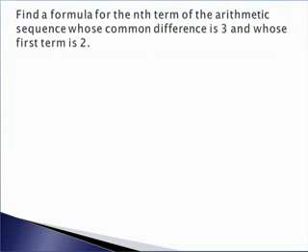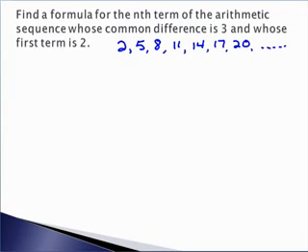Okay, so the first term is 2. Our difference is 3. So if we add 3 to that, we'd get 5. Add 3 again, and again, and again. And we can keep going on because it's infinite. We'll stop there though. We want to find a formula for the nth term.